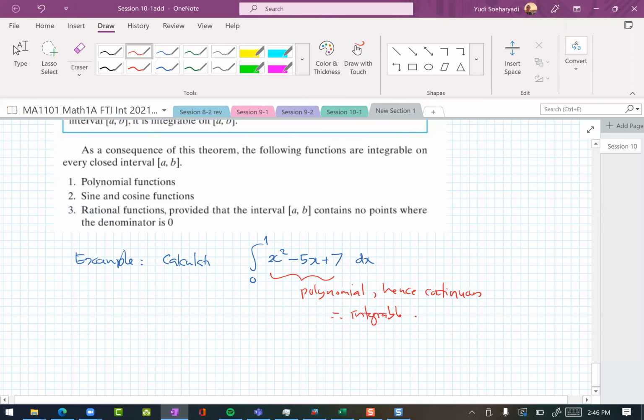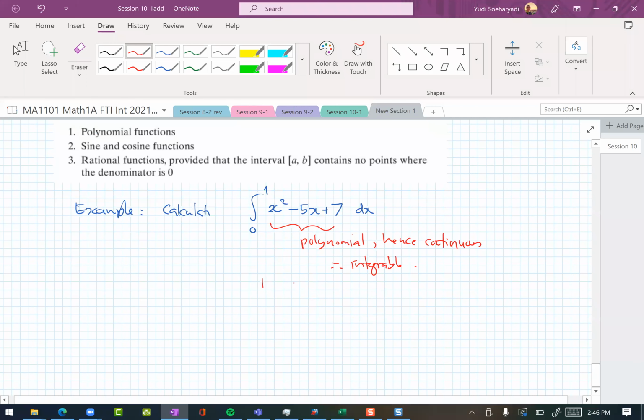Okay, so the integral does not depend on the way you partition. Okay, so the limit does not depend on partitions and choosing representative.